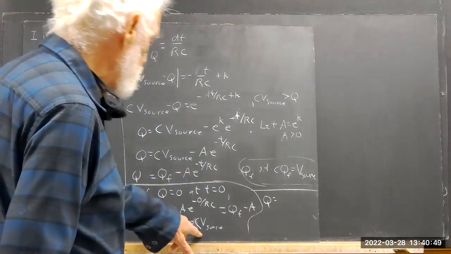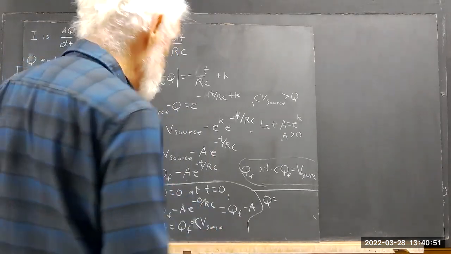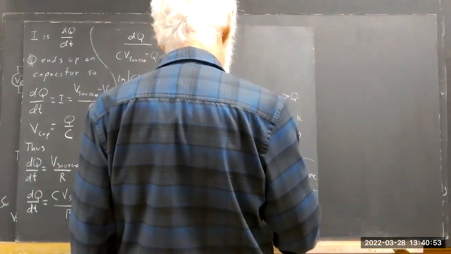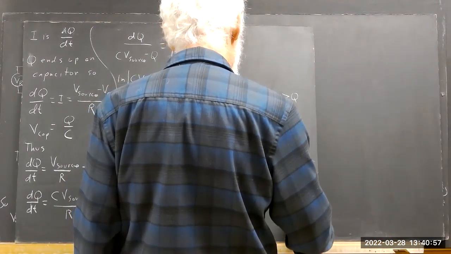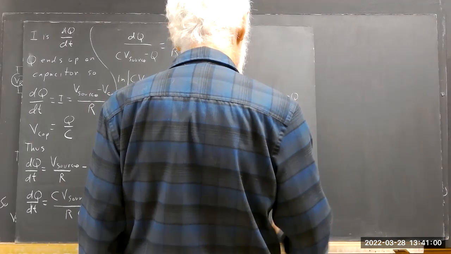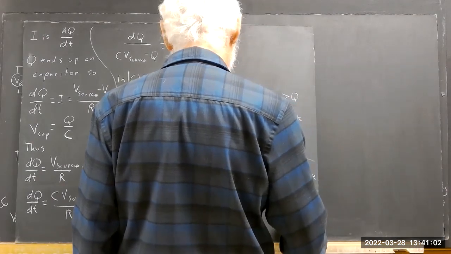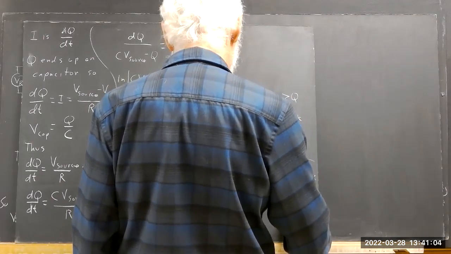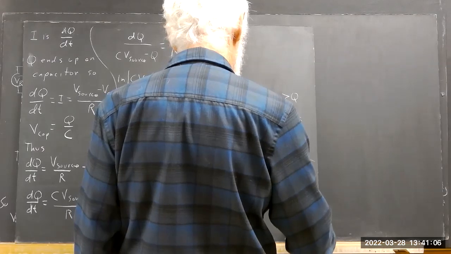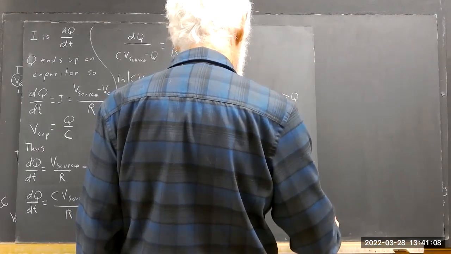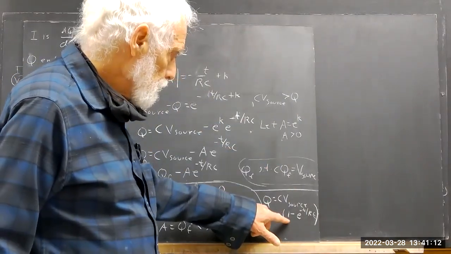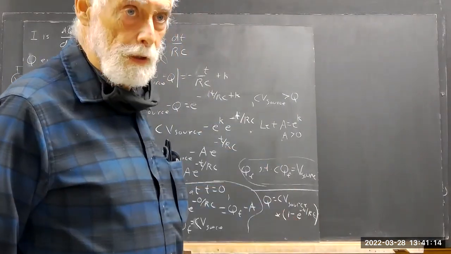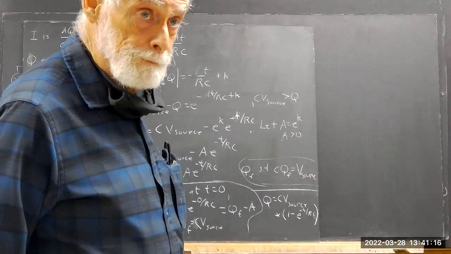Okay, QF is capacitance times voltage of the source. So you have capacitance times voltage of the source times 1 minus e to the negative t over RC.